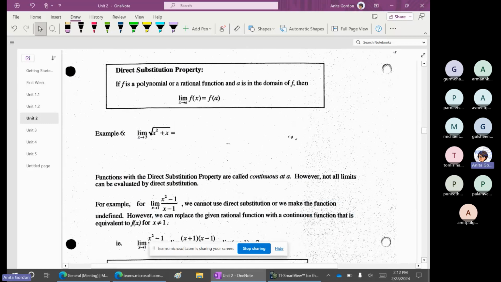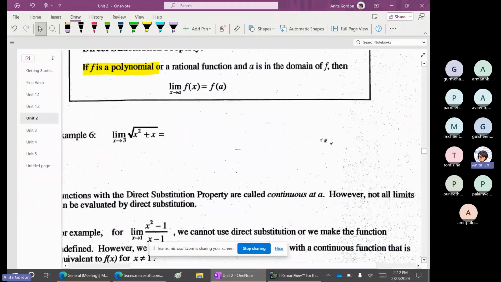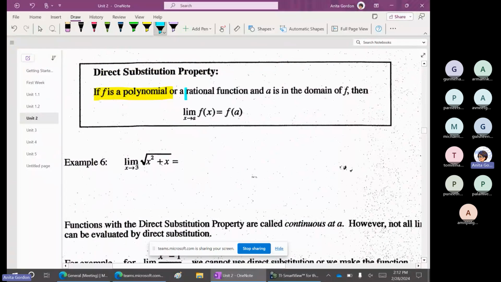Okay. Direct substitution. This is also going to make your life way, way easier. If f is a polynomial or a rational function. Okay, what are these definitions? What is a polynomial? Yes, an expression f of x that has multiple terms, ax to the power something plus bx to the power something, and so on.